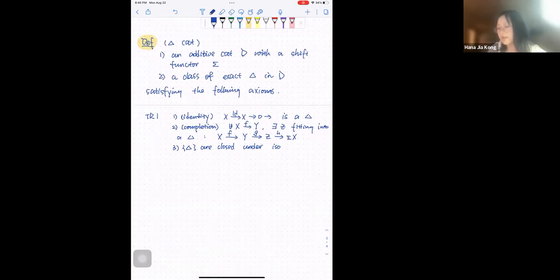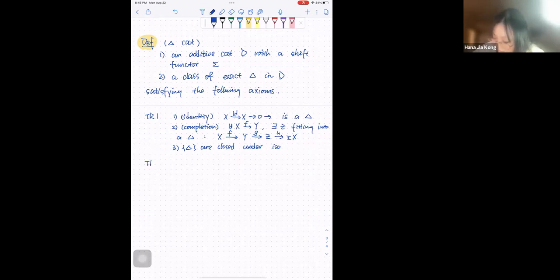That is, if you have a triangle and you have another sequence of maps, and you have an isomorphism between these two sequences, then the other thing is also a triangle. That's the first axiom.